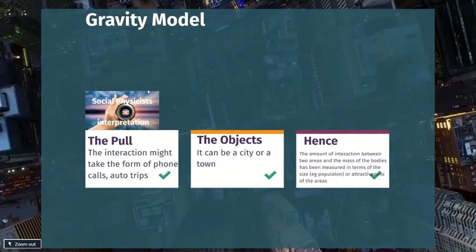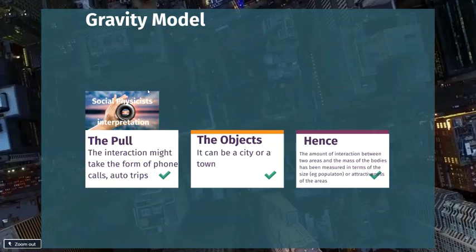Around the early 1900s, we had a group of scholars called the social physicists, and they argued that human behavior, or the social world, is quite similar to the natural world, so we can make some analogies.